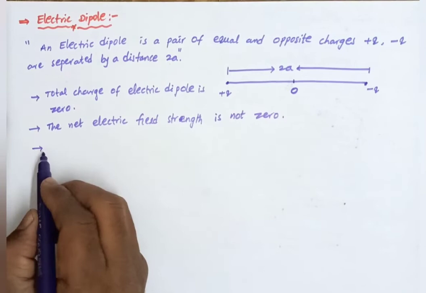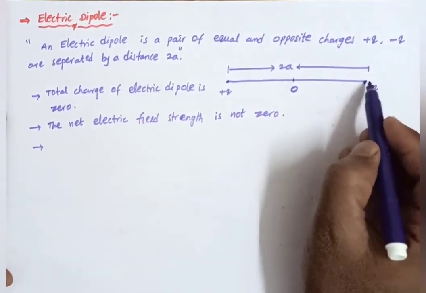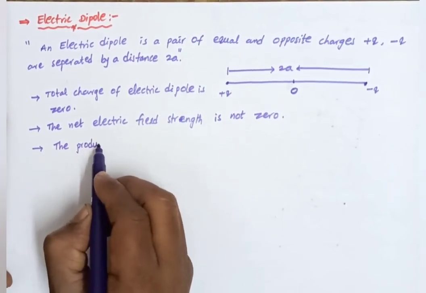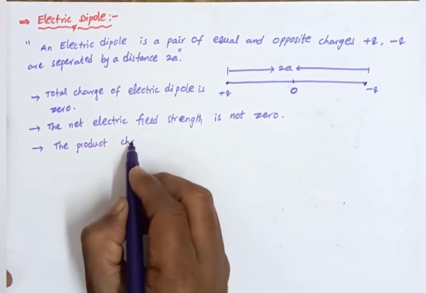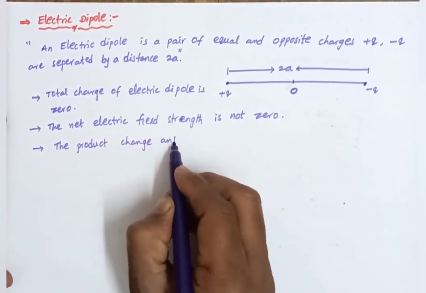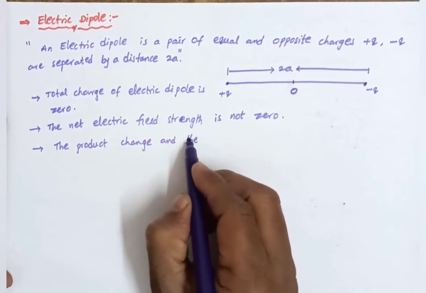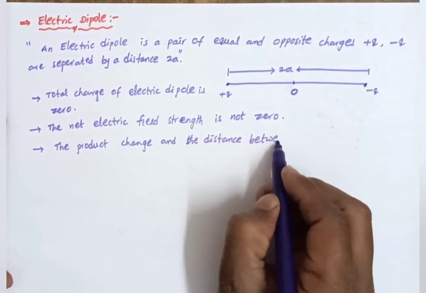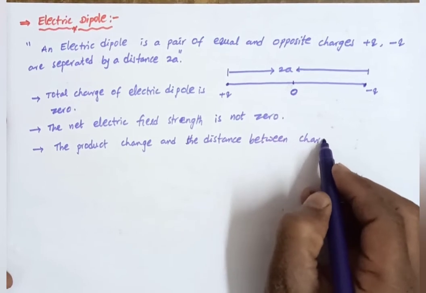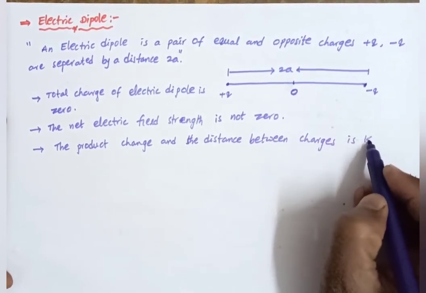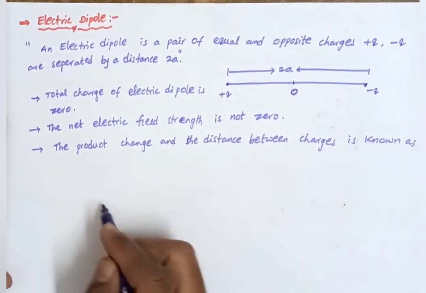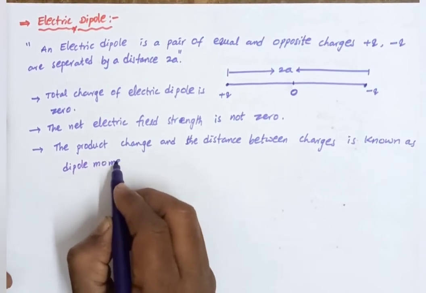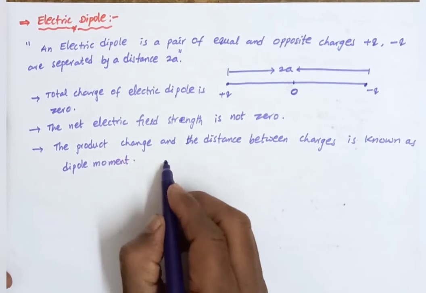Now, electric dipole moment is nothing but the product of charge and the distance between the charges, and it is known as dipole moment. This dipole moment is denoted by P.